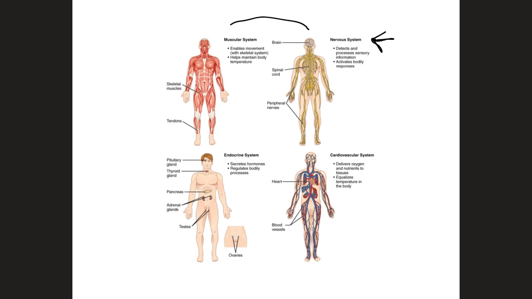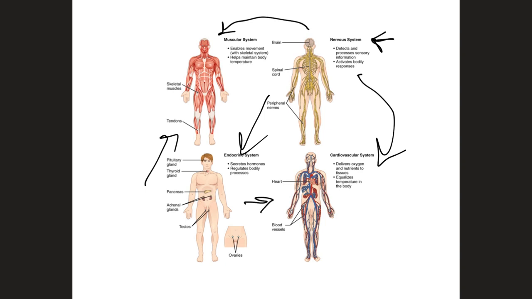The cells in our nervous system talk to cells in the muscular system, the cardiovascular system, and the endocrine system, which produces hormones that regulate our functions. The nervous system also talks to the endocrine system.